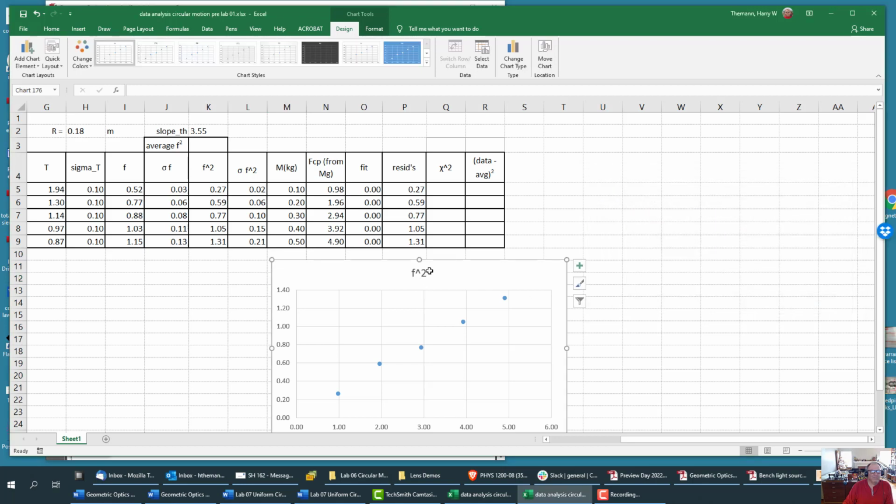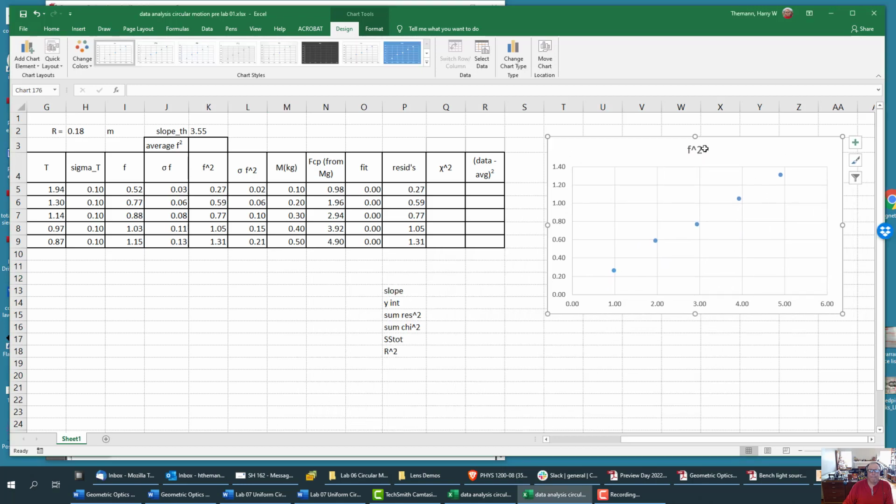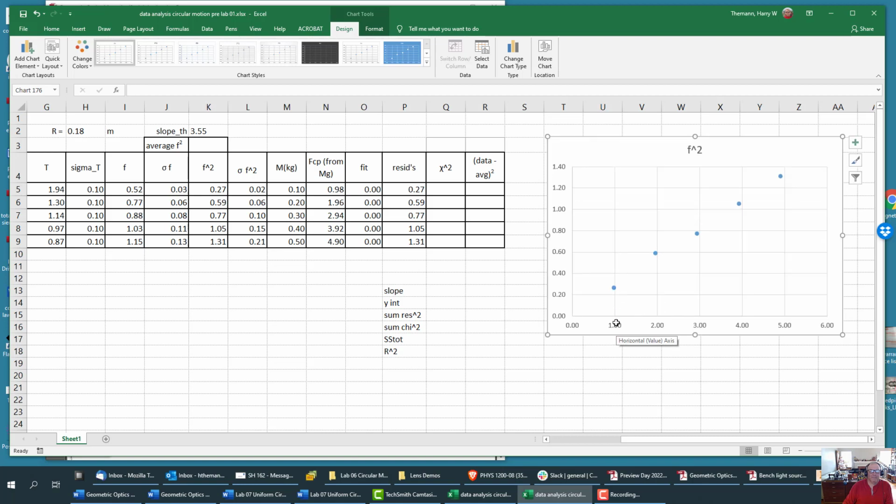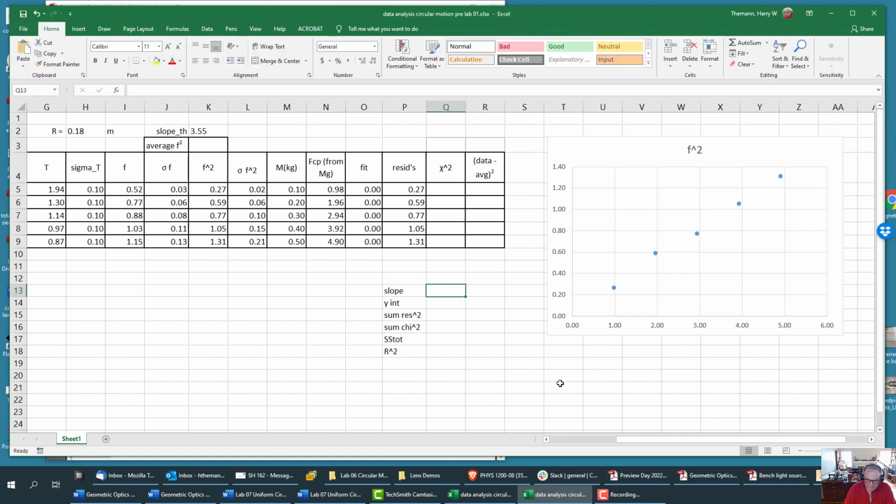And so now we've got our data plotted. And it looks like the slope is about 0.3. And we'll just call the y-intercept 0. We expect it to be 0, but let's see. Then the rest we don't know yet. So we've got to redo that.